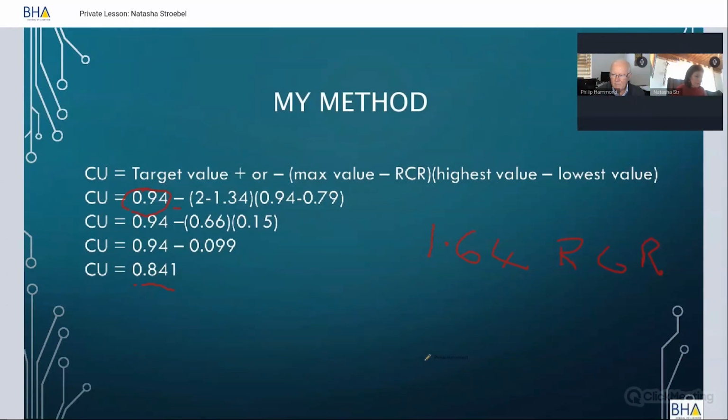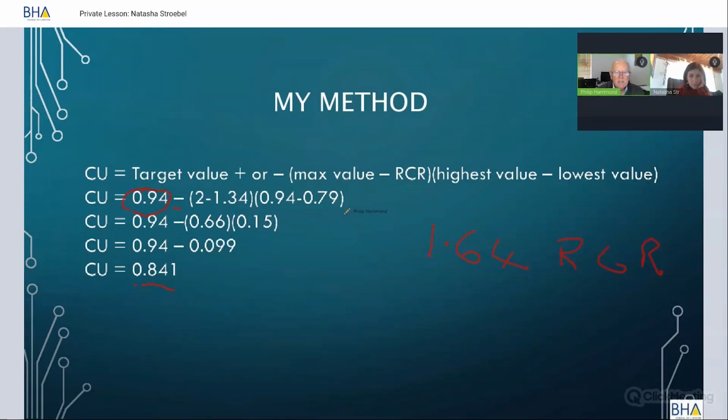Now there's the value of 1 and there's the value of 2. Is 1.64 closer to 1 or to 2? To 2. Okay.